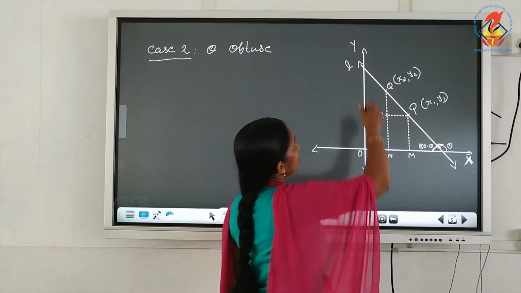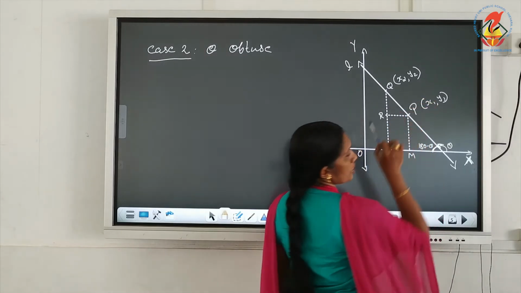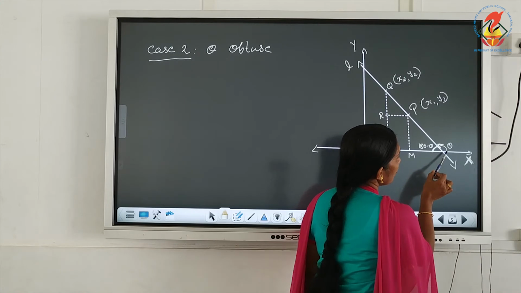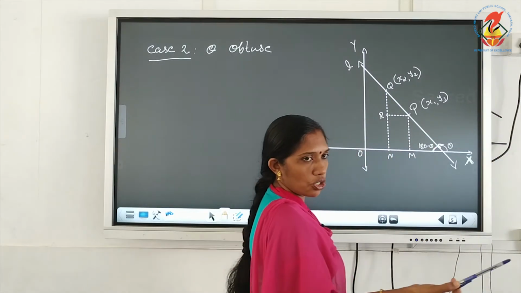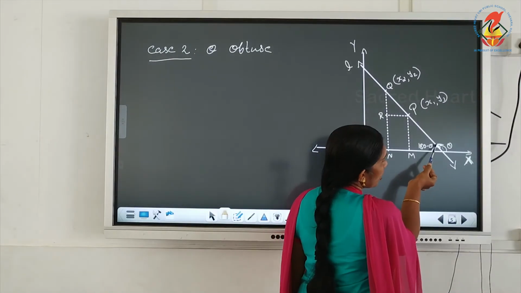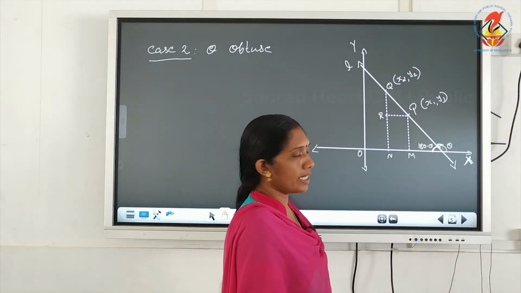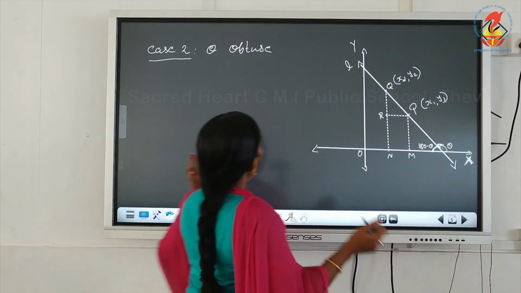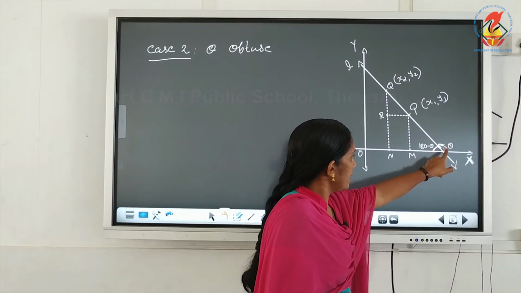So here also the line L passes through two points P(x1, y1) and Q(x2, y2). Theta is the angle of inclination. Look, the angle of inclination is from the right side, that is the positive direction of x-axis, measured anti-clockwise. Don't take this 180 minus theta as the angle of inclination. So here theta is the angle of inclination. So what is the slope of the line? Tan theta.